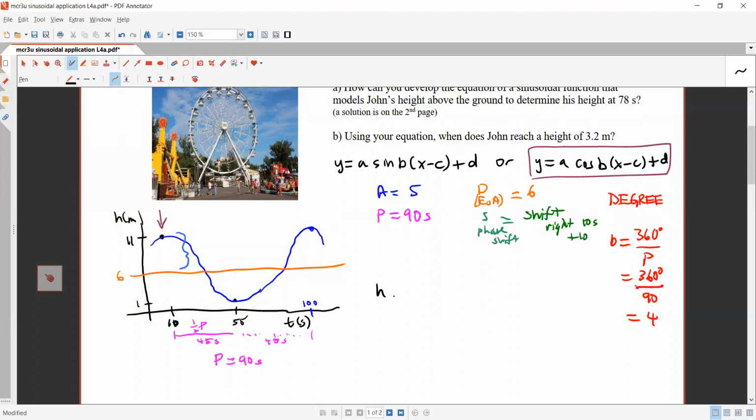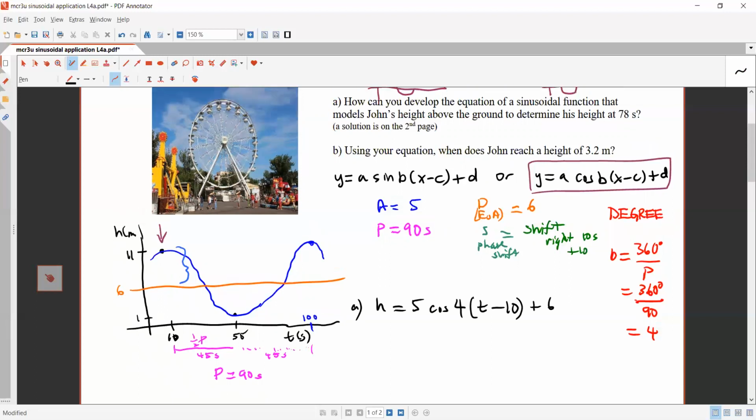So h is equal to 5 cosine 4 times, now we'll use x if that's okay, or we'll use t, t minus 10. Now why minus 10? Because subtraction means to shift right, plus 6. So this is our answer for question A, just like that.